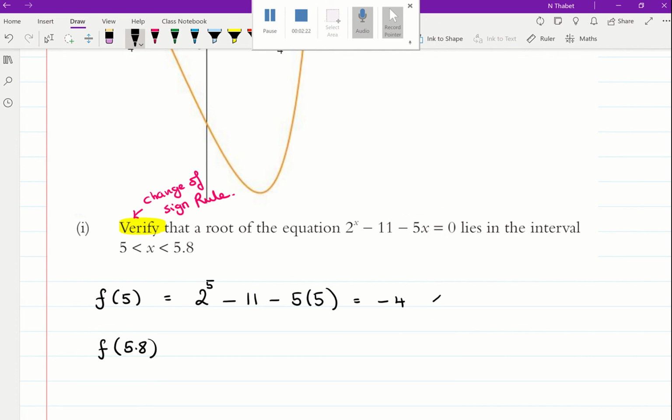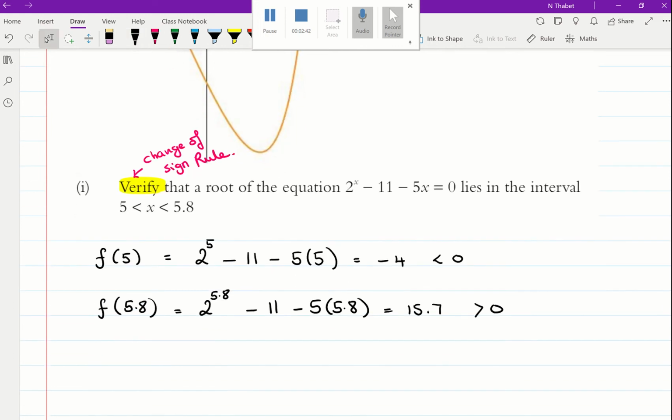That is a number smaller than 0, it's negative. And then I've got 2 to the power of 5.8 minus 11 minus 5 times 5.8, and you're going to get 15.7, and that is a positive number, obviously bigger than 0.